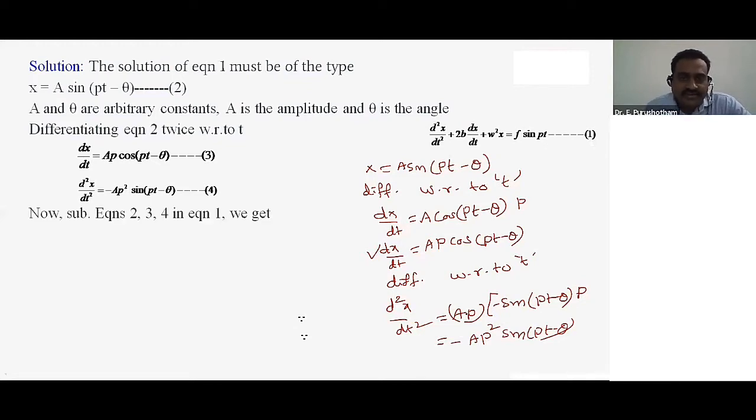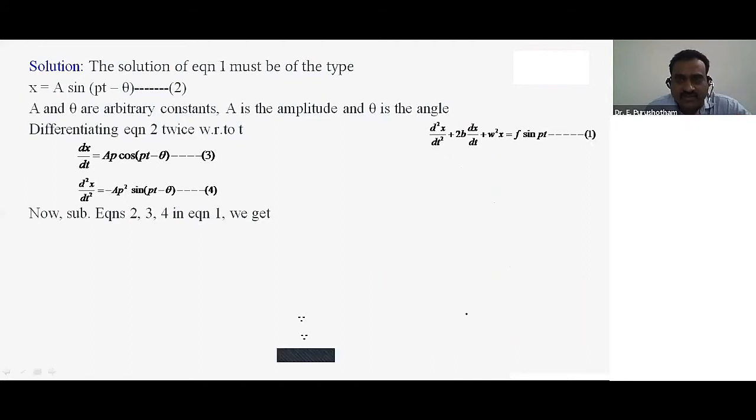Now substituting equations 2, 3 and 4 into equation 1. What is equation 1?